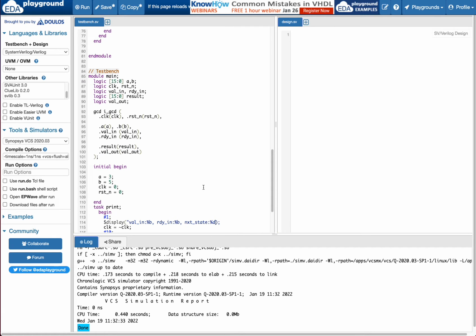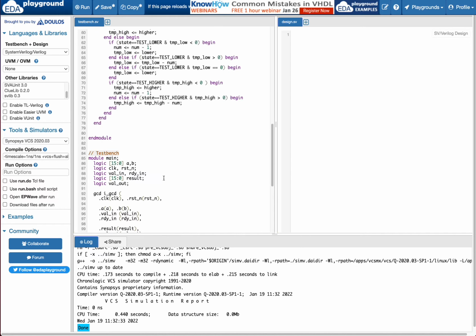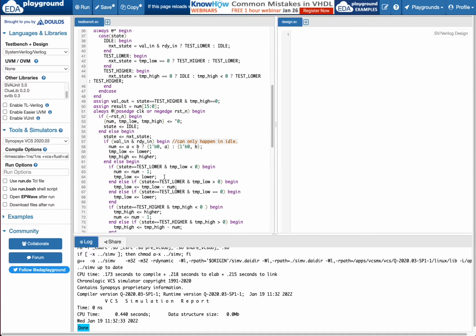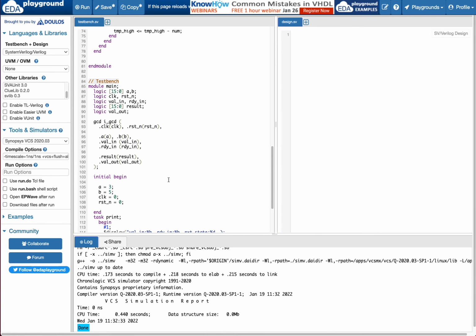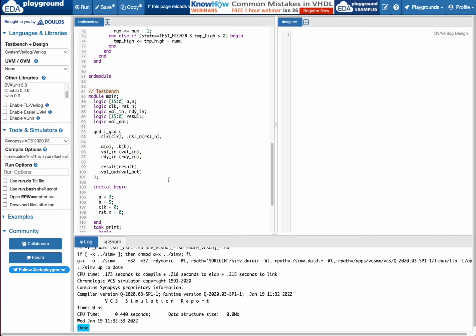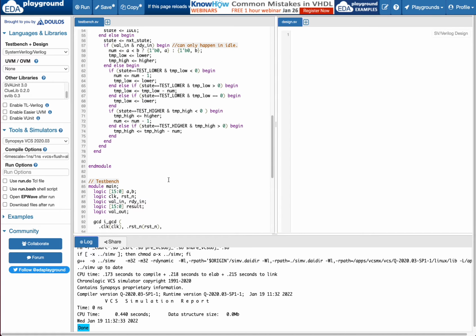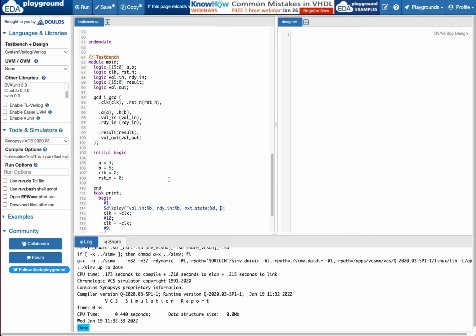Yeah, next state is kind of hard to look at, and then I'll look at the result, and then I'll also look at, no, I won't look at that.